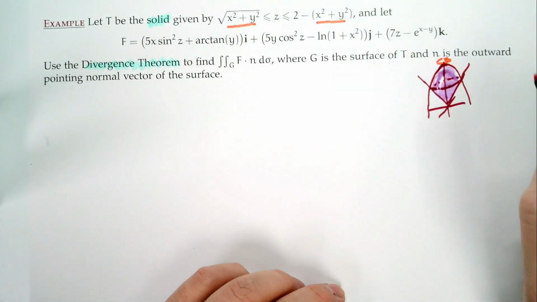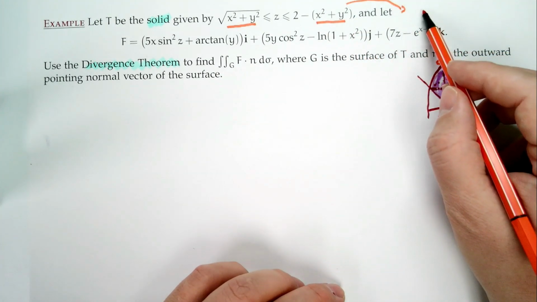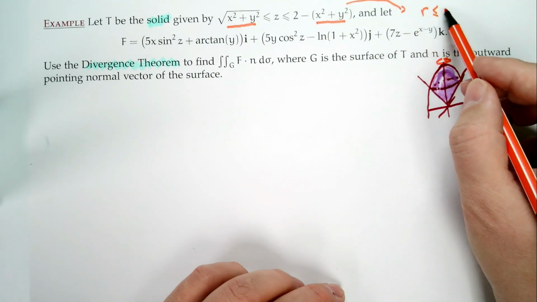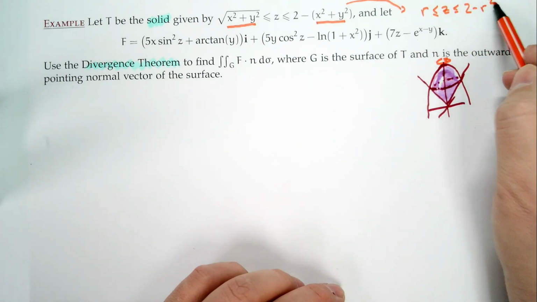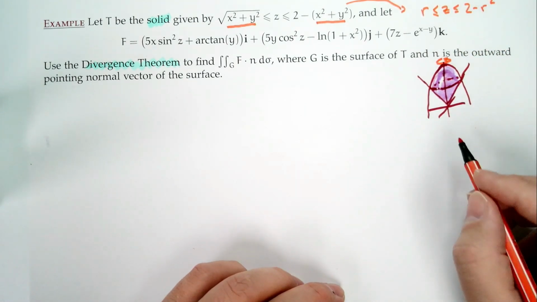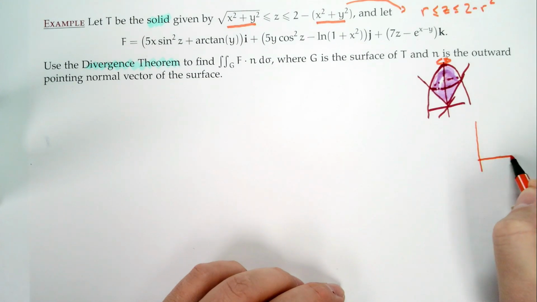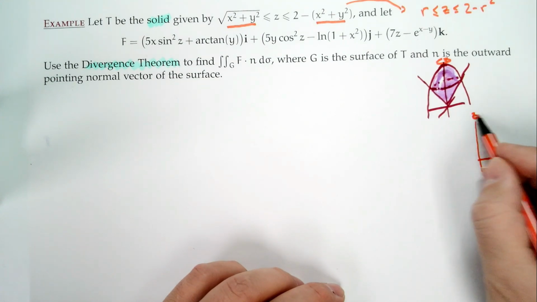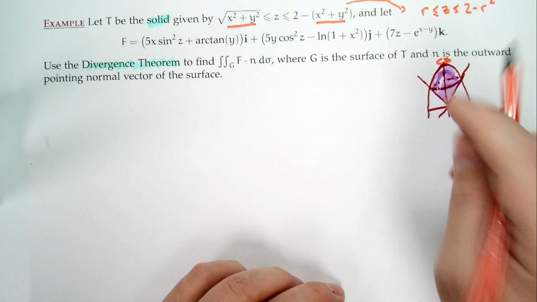So, what do we have? Well, if we switch to cylindrical, then this expression here becomes r is less than or equal to z is less than or equal to 2 minus r squared. So for that, we can look in what I like to call the RZ plane. I'm going to look for z going up and down, but r strictly positive.